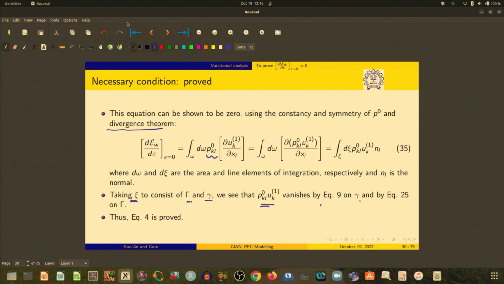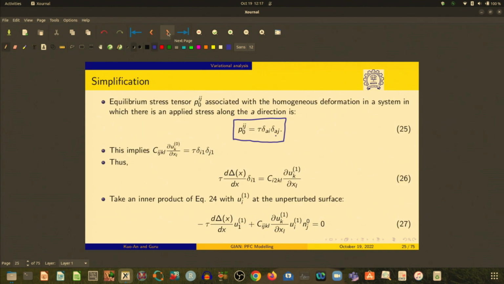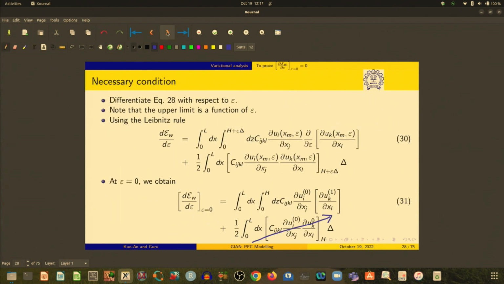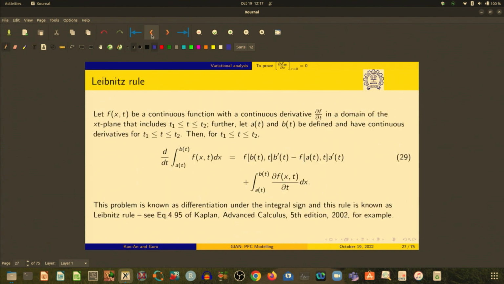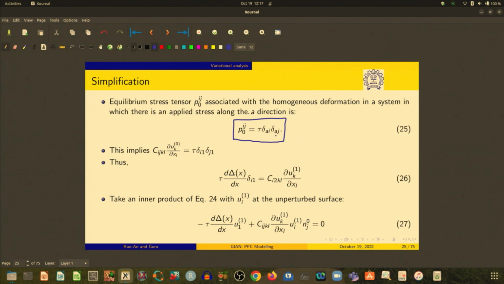You remember we had that p_k^0 u_k^1 here. We have proved that on the gamma, that is why I took an inner product with e_i^1, and that I have shown to be 0. So, on that surface it is 0, and on the other surface it is also 0 by equation 25, that is on gamma here. Okay.